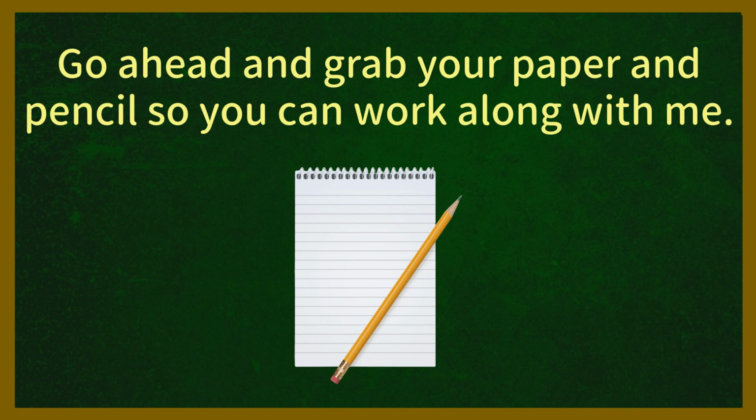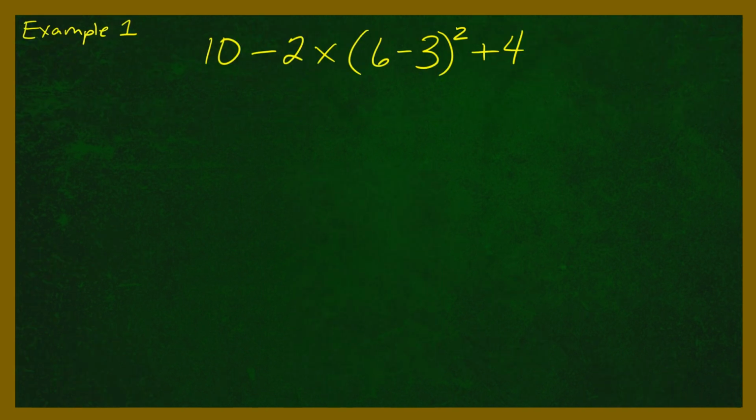let's take a look at our first example. It shows 10 minus 2 times the quantity of 6 minus 3 squared plus 4. To solve this problem, we are going to use the order of operations, or PEMDAS.